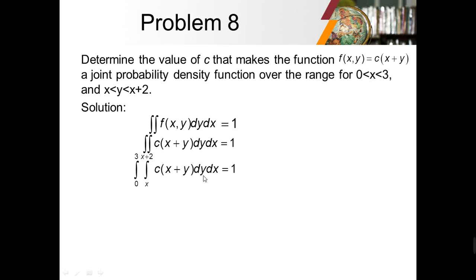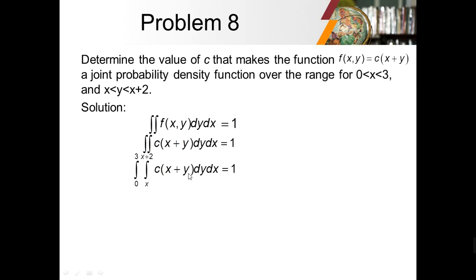So, in terms of y, itong c, pwede natin yung ilabas, constant yan. So, i-integrate natin ng x, which is a constant in terms of y. So, that would be xy, sorry, xy.